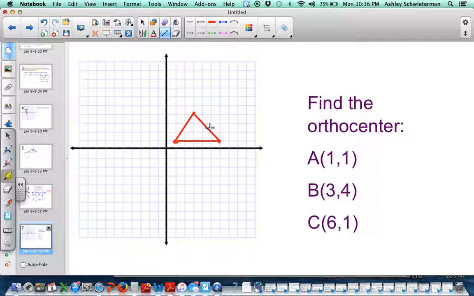Now, to be an altitude, you start at a vertex and you move towards the other side to form a right angle.